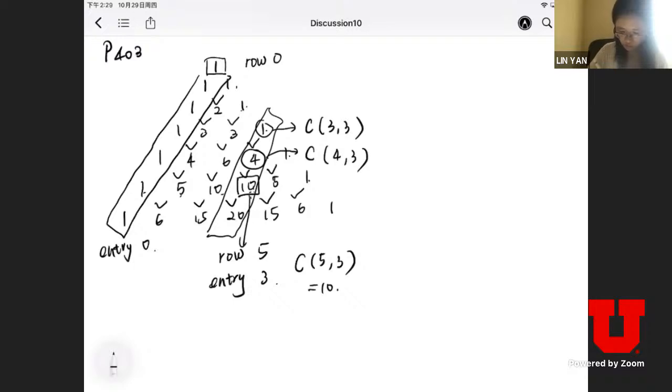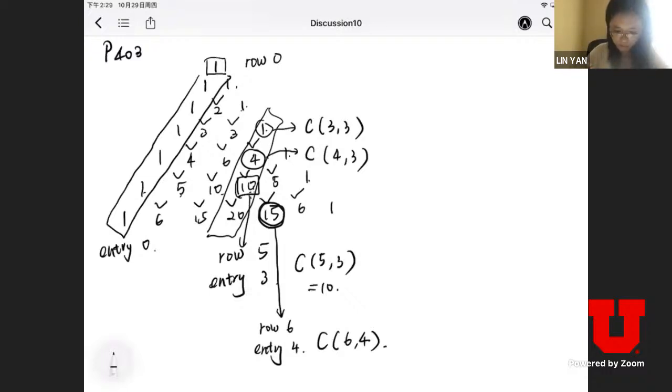And so on and so forth. We already know this item is 5 choose 3. And this item is row 6, entry 4, so it is 6 choose 4.